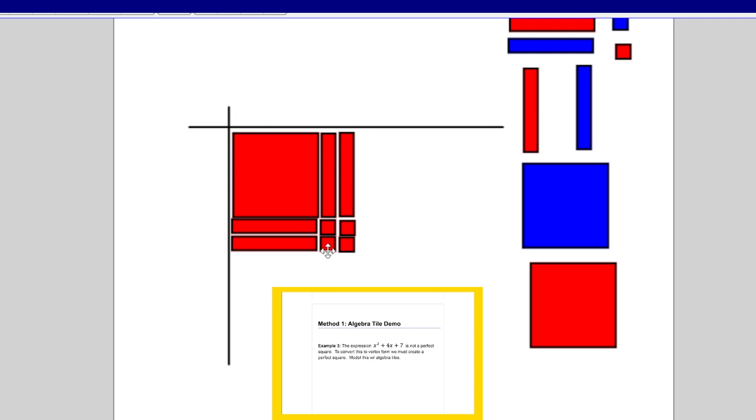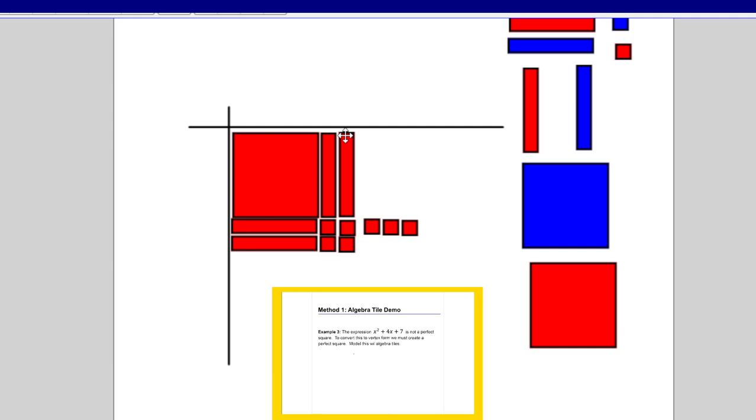But if I look at my tiles, I'm still missing 3 tiles. So I'm going to have to add in 1, 2, 3 little squares. So now I have all my tiles here. If I wanted to express this trinomial, the x squared plus 4x plus 7, with a perfect square, it would be the x plus 2 times x plus 2, or x plus 2 squared.